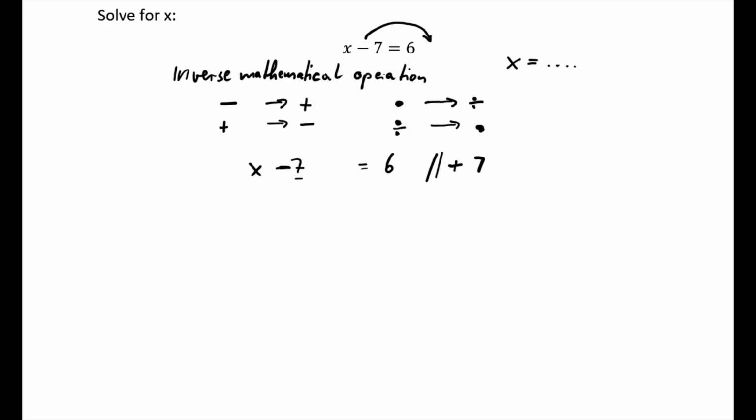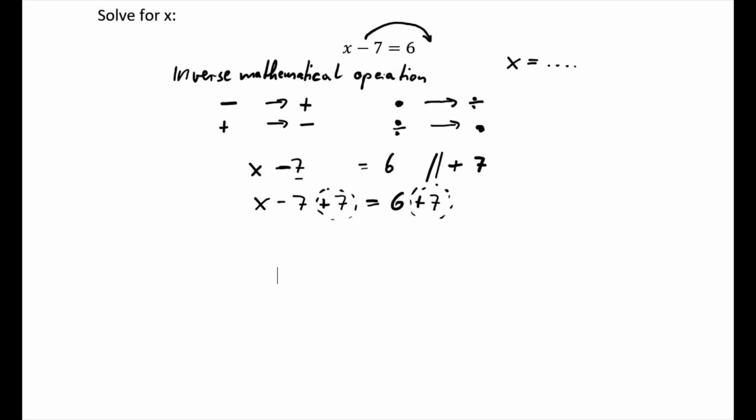So what do we get then? I've got x minus 7, and I add +7 on the left hand side. And what I do to the left hand side, I also need to do to the right hand side. So I have 6 plus 7. And we see the +7 has been added to both sides.